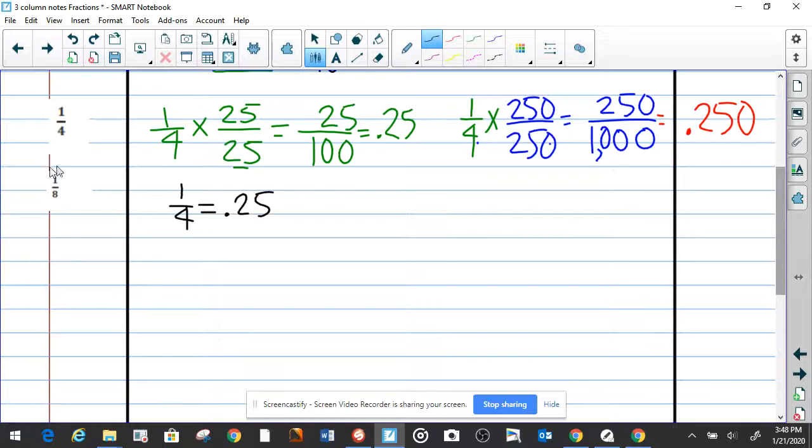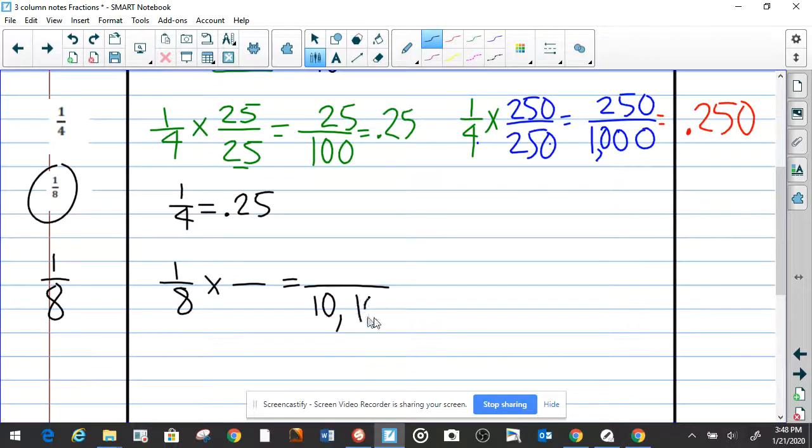All right, now let's play with this number 1/8. We've got to multiply by a number that will make the denominator equal 10, 100, or 1,000. Let me write the three numbers here, and we're going to decide which one is going to be the winner. Can I multiply 8 times a number that will equal 10?